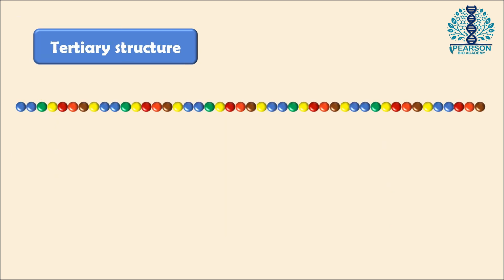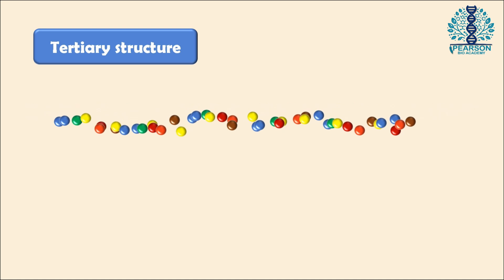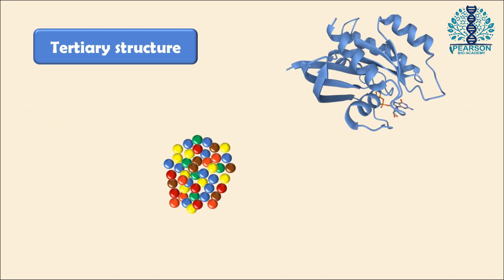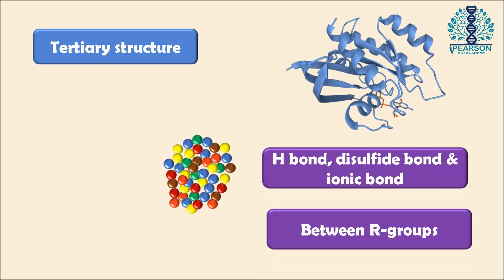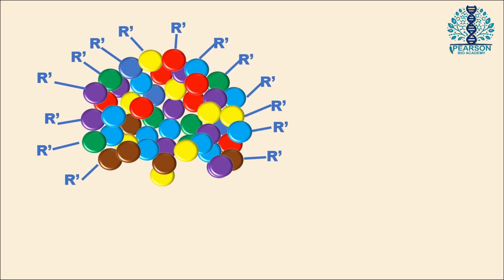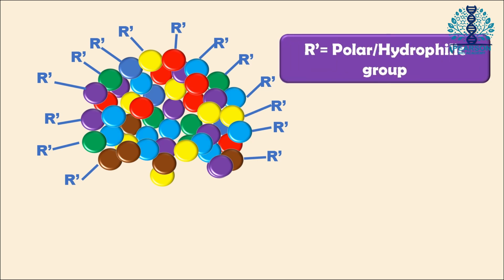Next, the tertiary structure forms as the chain folds into a 3D shape, stabilized by hydrogen, disulfide and ionic bonds between R groups. Finally, the enzyme is completed with hydrophilic groups on the outside and active sites ready for function.